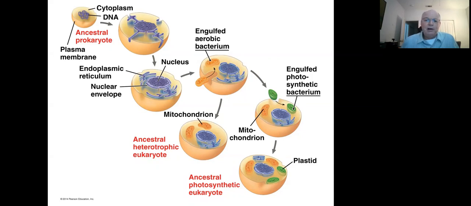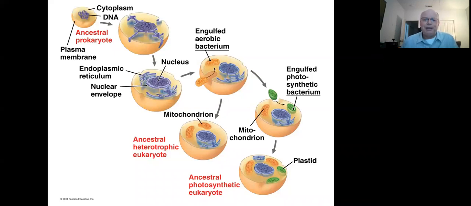Whereas prokaryotic flagella are separate organelles that are generated from their own suite of genes, flagella and cilia in eukaryotic cells are extensions of the cytoskeleton and literally extensions of the cytoplasm. They're completely surrounded by the plasma membrane.